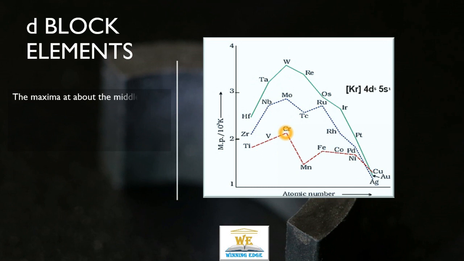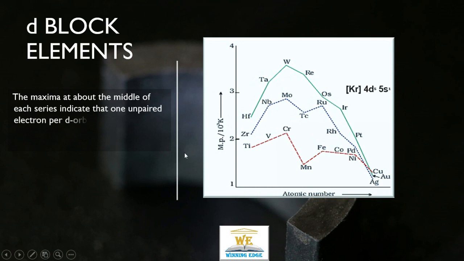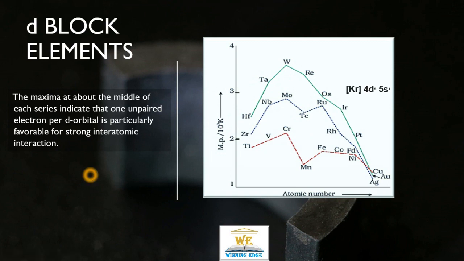We already discussed that the maxima in each series occurs for the element having the greatest number of unpaired electrons. One unpaired electron for each orbital is particularly favorable for strong interatomic interactions. That we see here: molybdenum, tungsten, chromium. d5, which is half-filled.